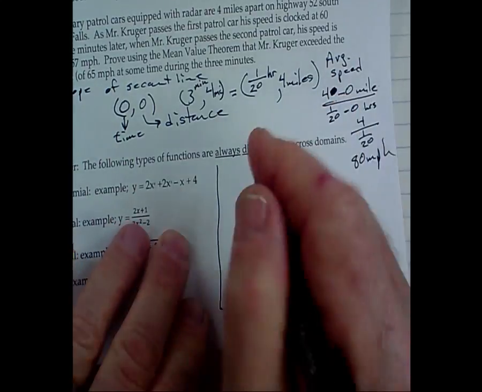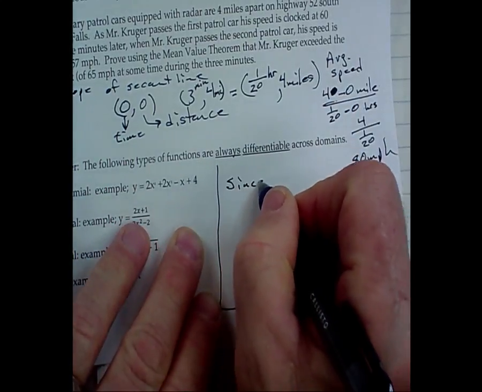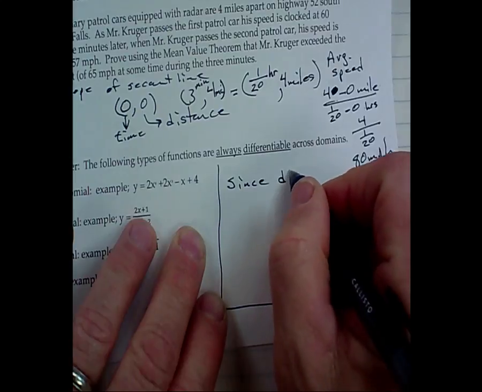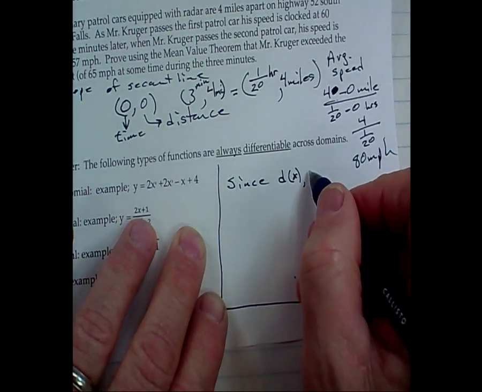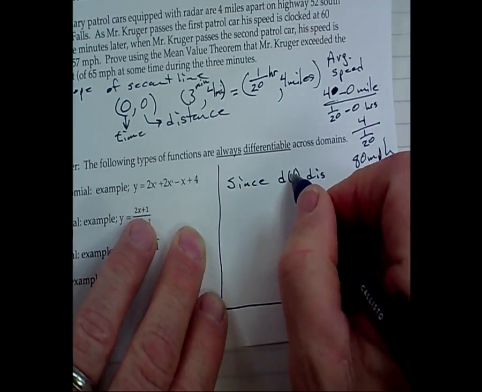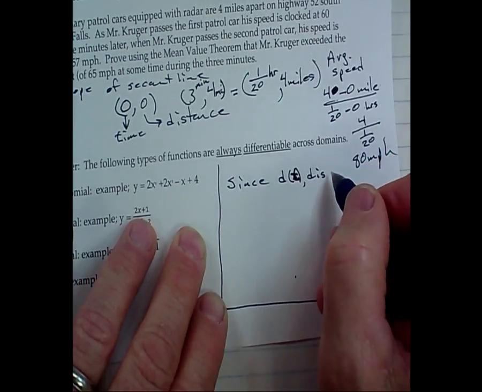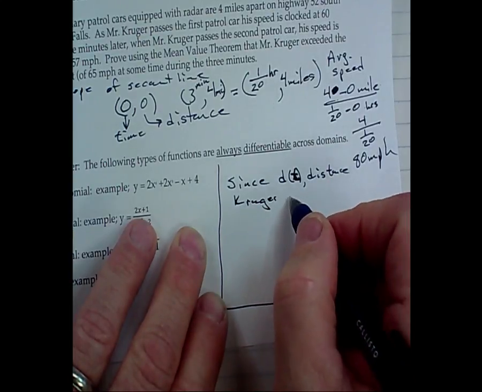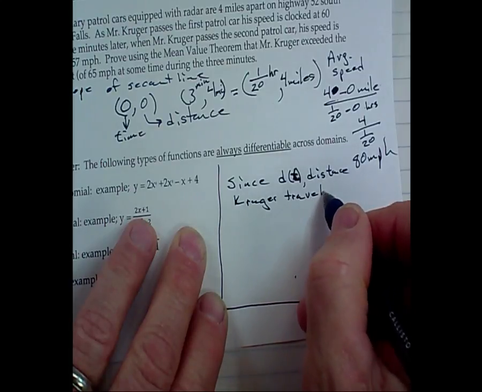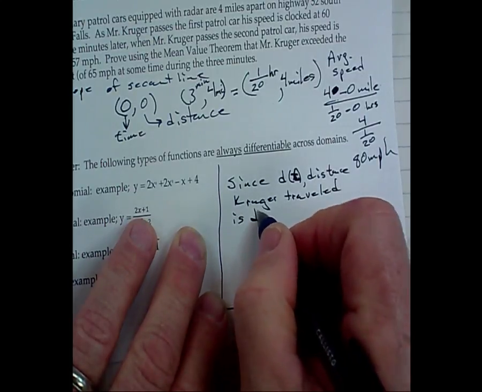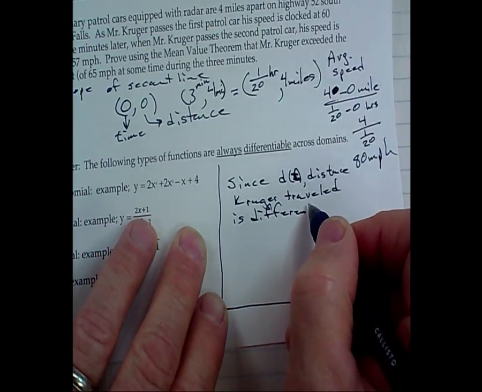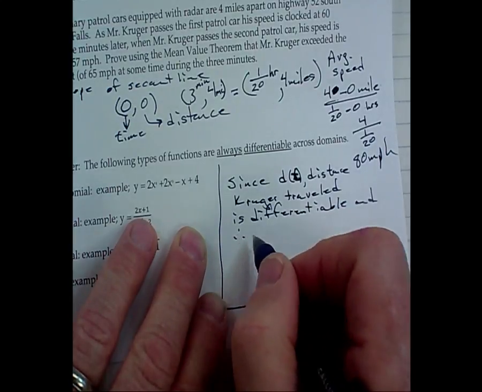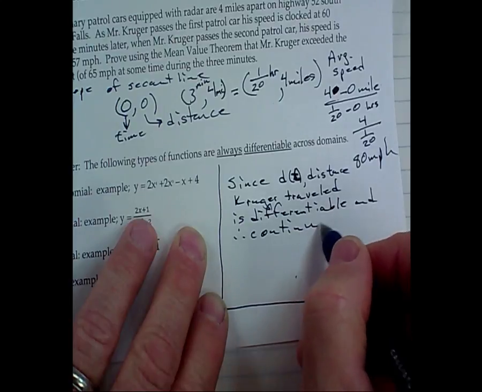So I'm going to say, since, now, what they'll tell you is something is differentiable. Since d of t, distance Kruger traveled, is differentiable and therefore continuous, because if it's differentiable, you're guaranteed it to be continuous.